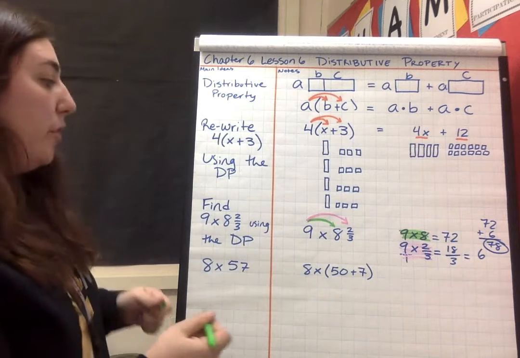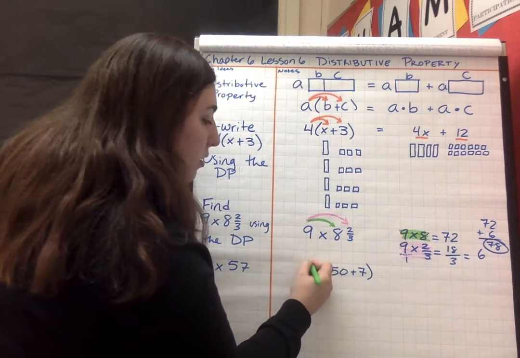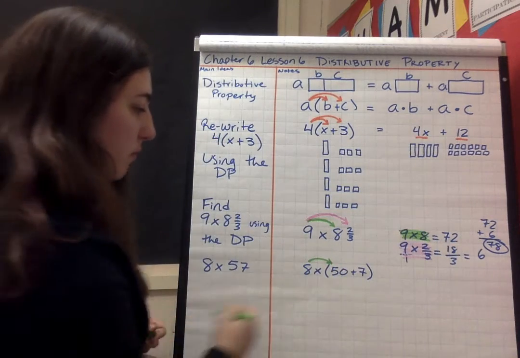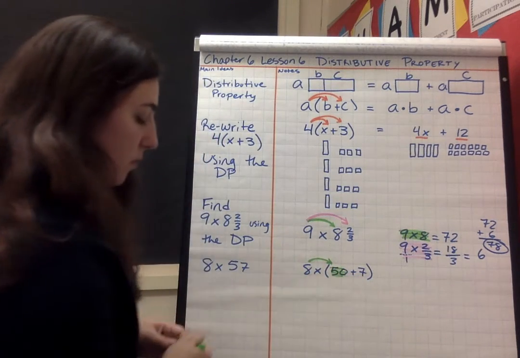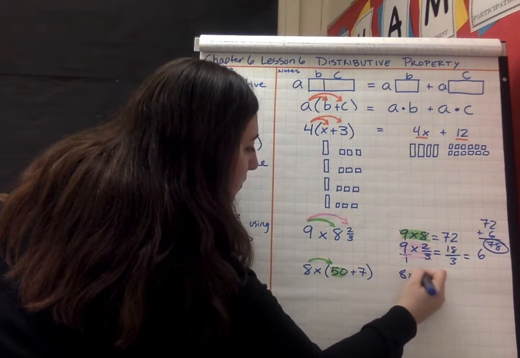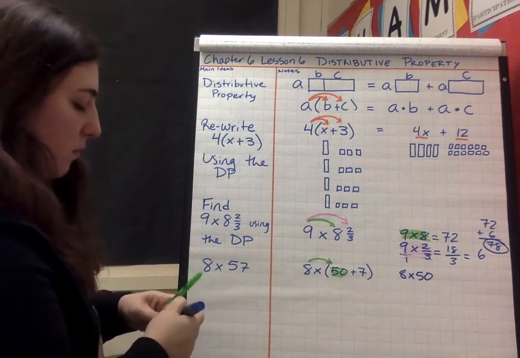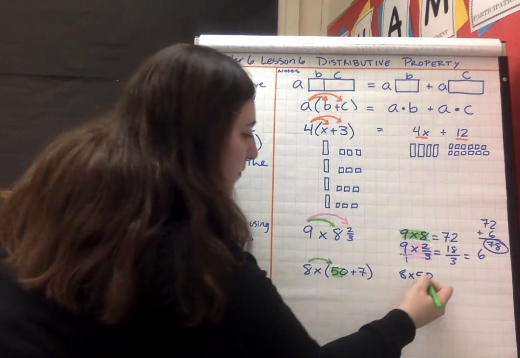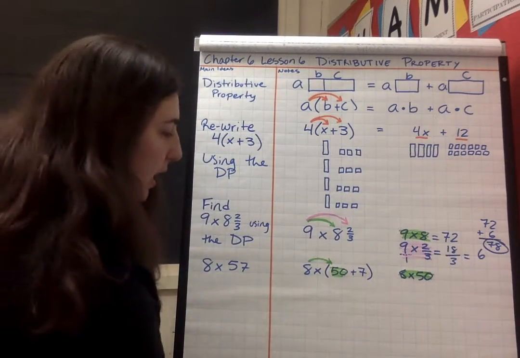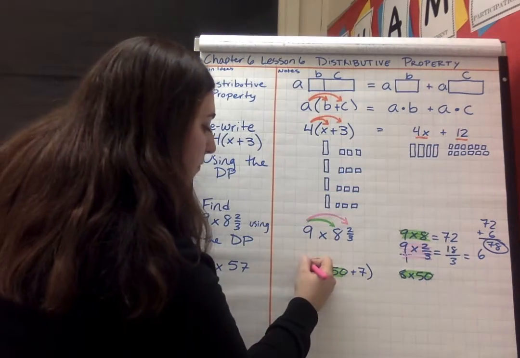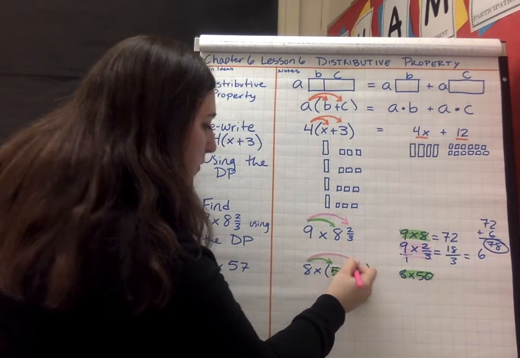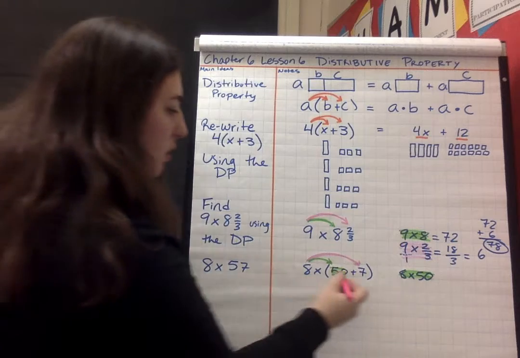So first I'm going to distribute the 8 to the 50. Okay, and then I'm going to distribute the 8 to the 7.